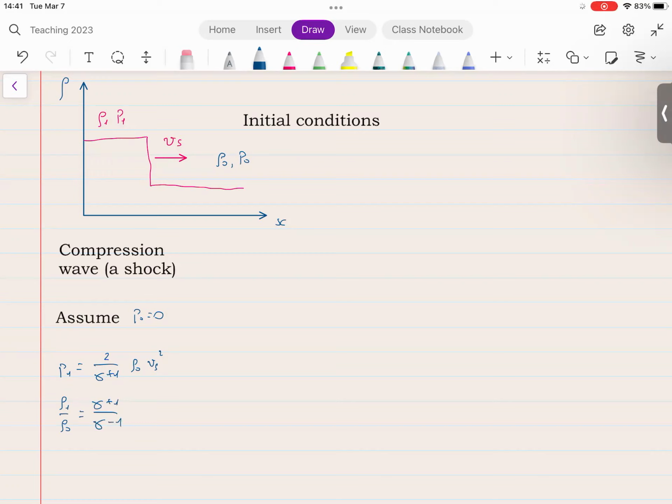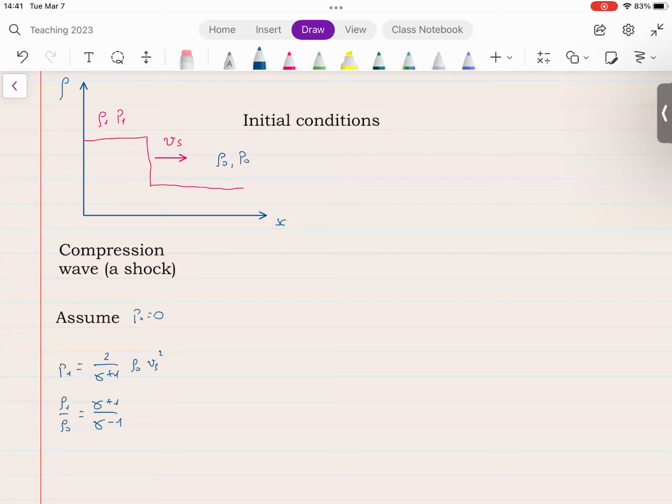These are pretty standard results from gas dynamics. This is not quite plasma physics.